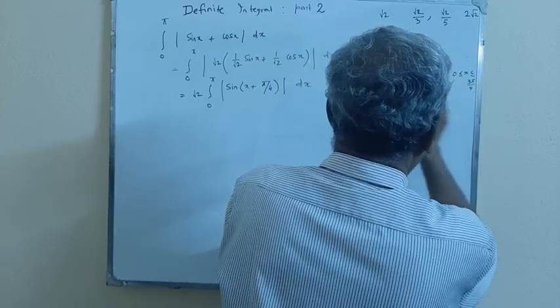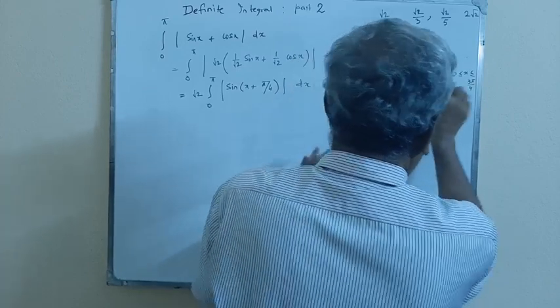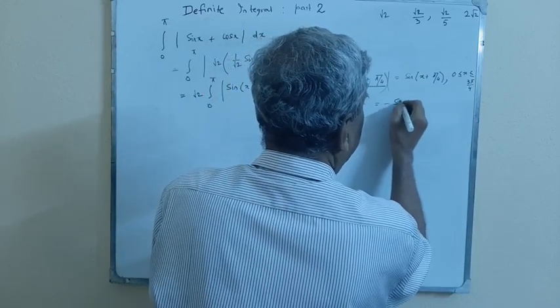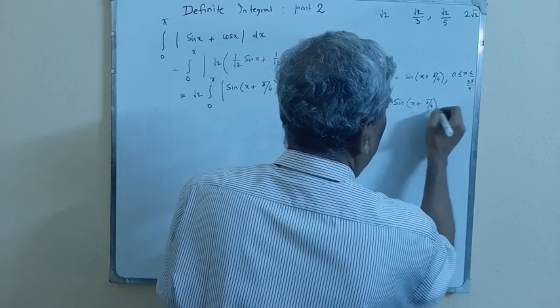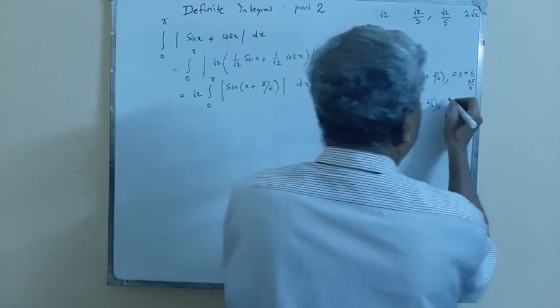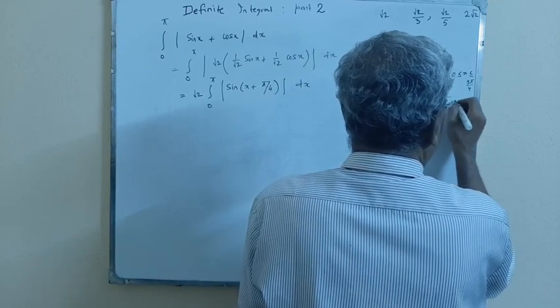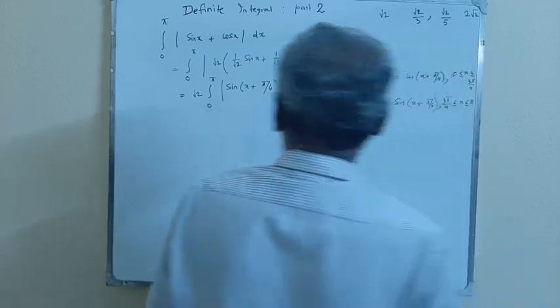In that range, this is positive, and hence the mod function is positive. And this is equal to minus sine of x plus pi by 4 when x is in the interval 3 pi by 4 less than or equal to x less than or equal to pi.